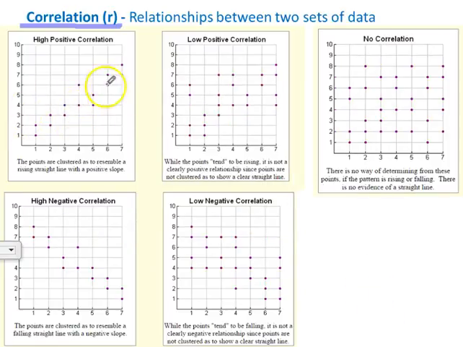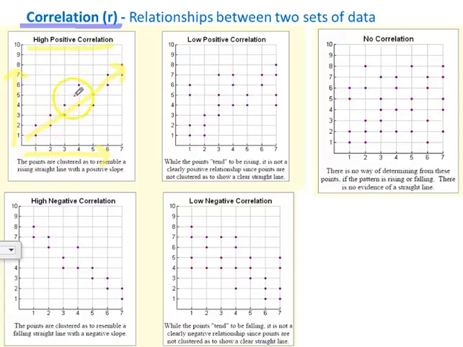And remember, we're talking about how our points are clustered and if they look like they're clustering in a line or not, and what direction is our line headed in. So here, this first one is a high positive correlation because our points are clustered in what looks like a line, and it's going in a positive direction, meaning that as each axis, the variables increase, the other one would increase as well.